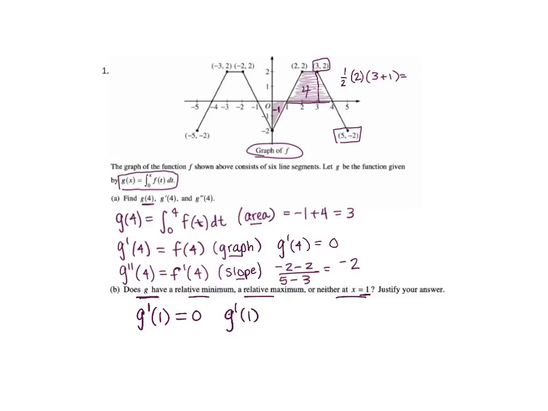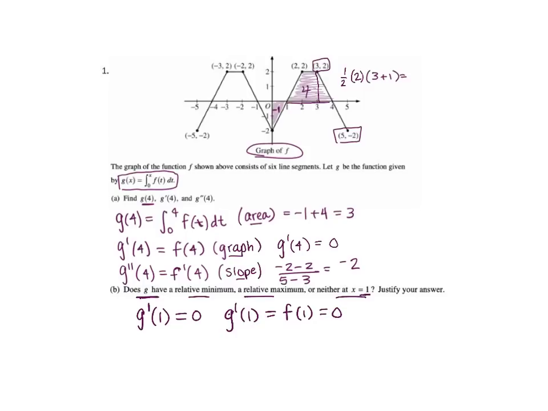G prime at 1 is really equal to f at 1, and f at 1 is 0. So that is true. So for us to have a relative min or max, we have to have a sign change at 0. So notice that we do have a sign change in our graph.